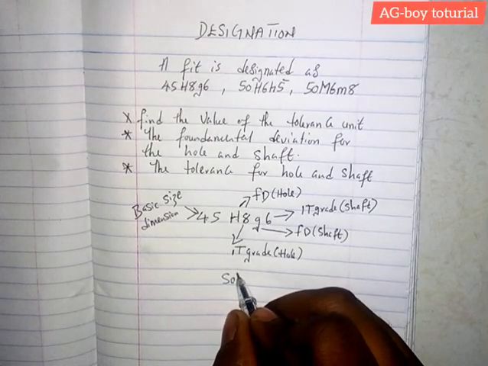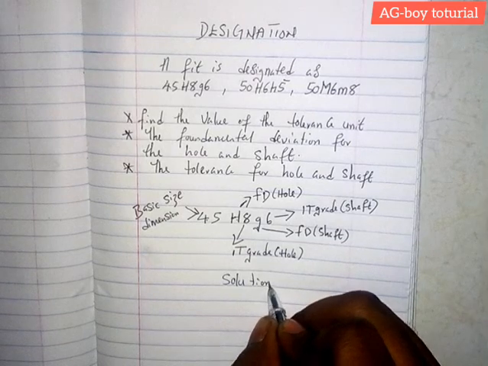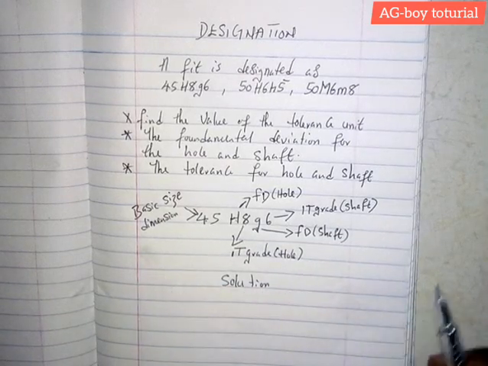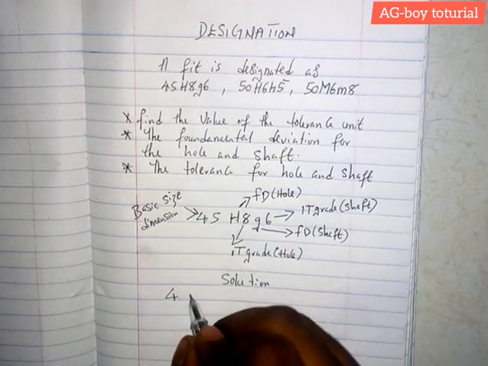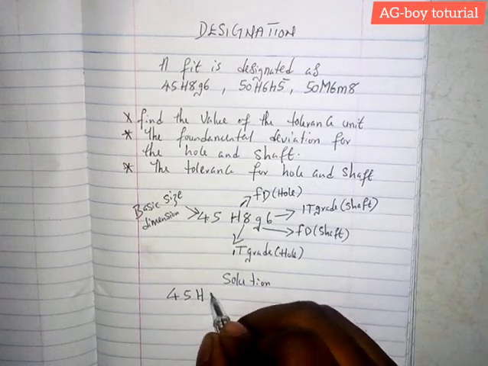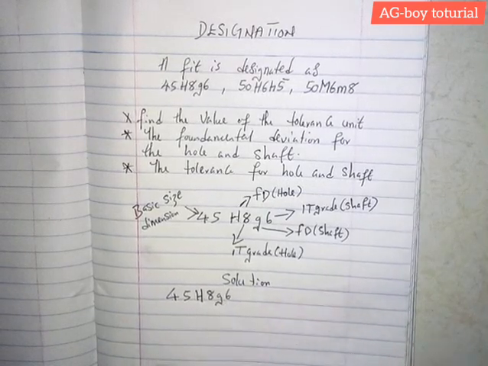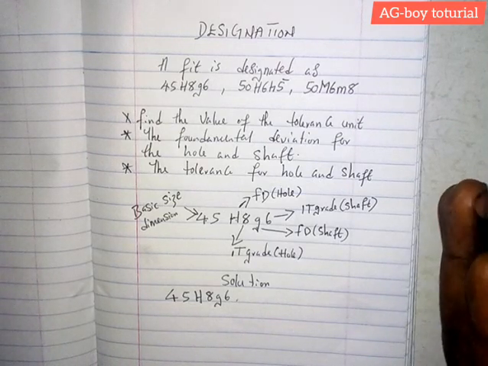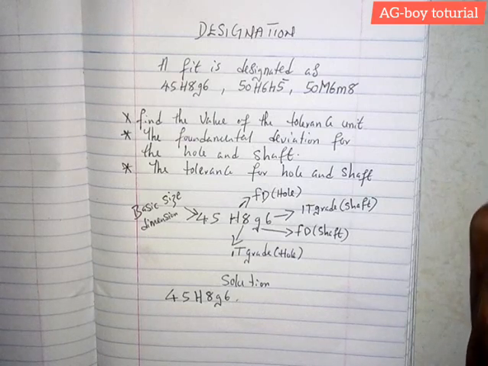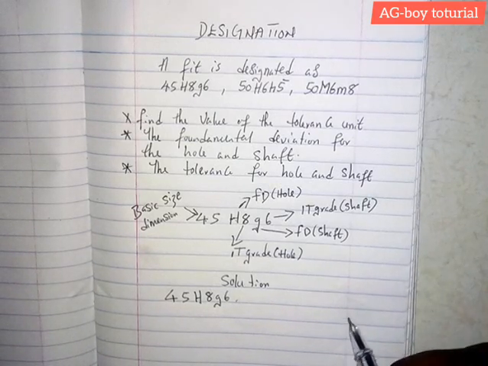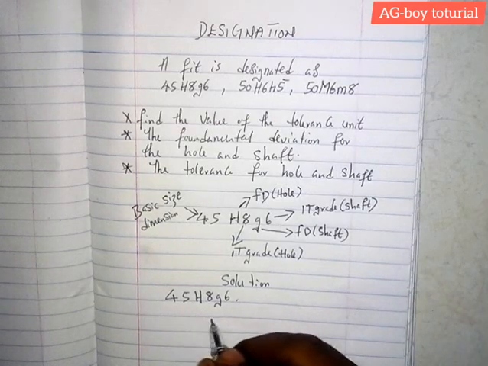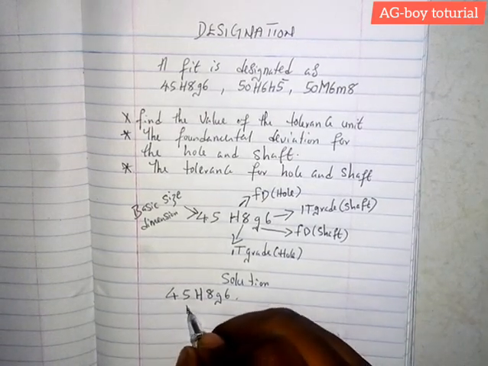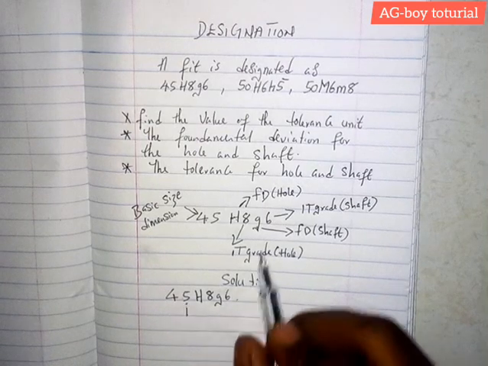Now, solution. Let's start with 45 H8/g6. When solving this problem, we have basic formulas you need to come across. Number 1 basic formula is your I for the IT grade.